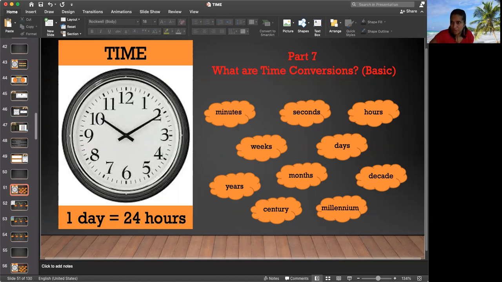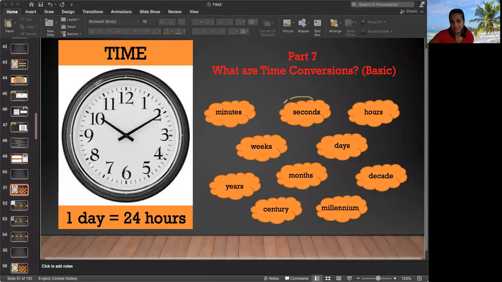Now, just a little short intro here. It all starts with the seconds, the smallest unit of time. If you count 60 seconds, you make 1 minute.